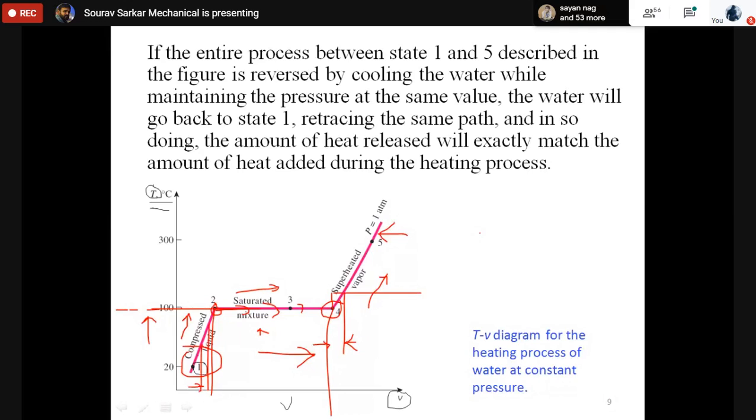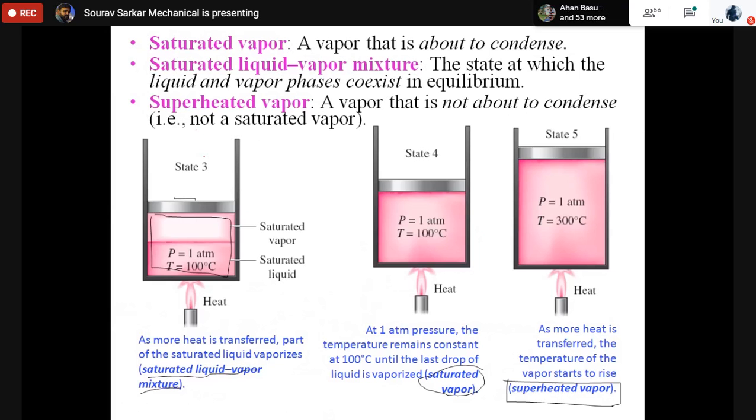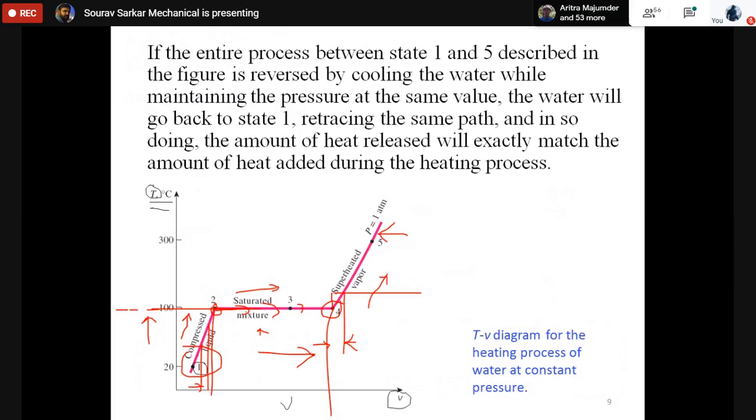Now, if I repeat this experiment for a different pressure, by simply putting one weight over this and repeating the experiment, what is going to happen? What is your expectation?